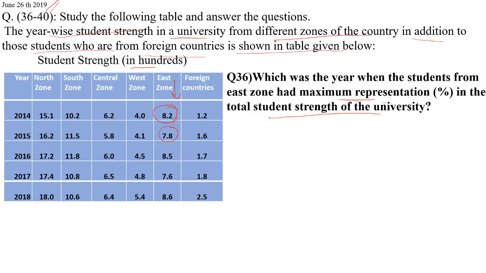So that's why you have to take out this upon the whole value of 2016. Similarly, this upon the whole value of 2017. Similarly, 8.6 out of the whole 2018 value, right? So first of all, what you have to do is directly add all these values.